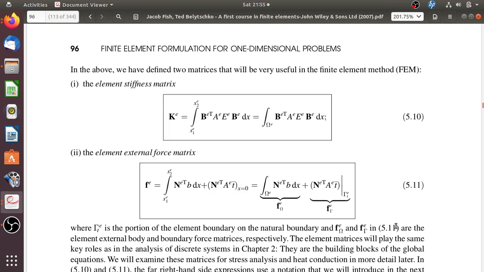Okay, yeah, so this is the element stiffness matrix, and the sum of this one and this one are the external force. So this is known as the external force matrix and force vector.